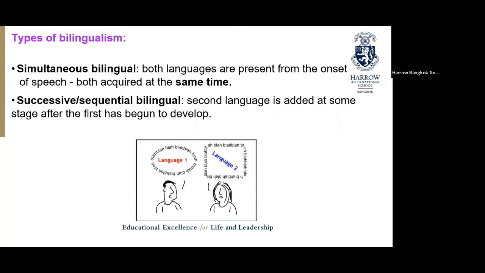Now, there isn't really a better one of either. So a lot of people might say that actually simultaneous bilingualism is better than sequential bilingualism. There's a lot of research out there that says, yes, that it is great to optimize that language development as soon as children are ready to acquire language, expose them to those two languages. But that's not to say that if that's not an option in your household, if you don't have a multilingual household, that actually you're doing your child a disservice by them becoming sequential bilinguals.